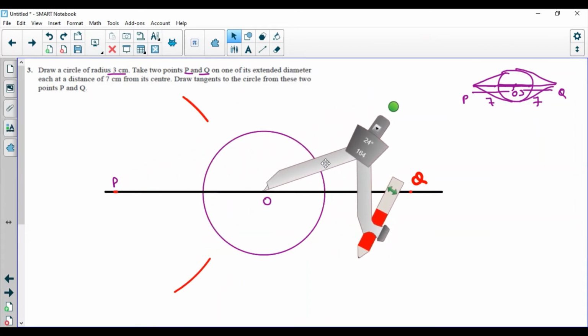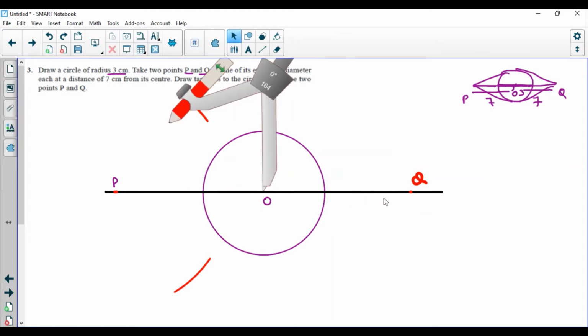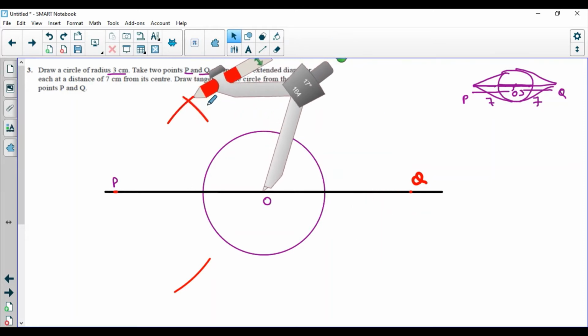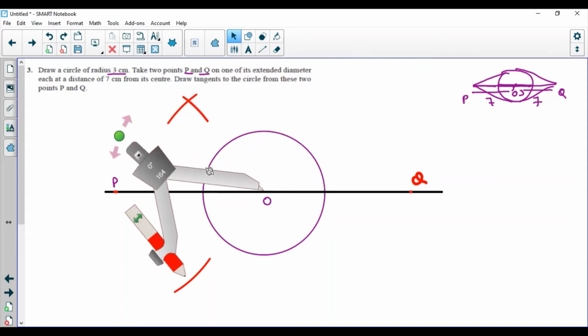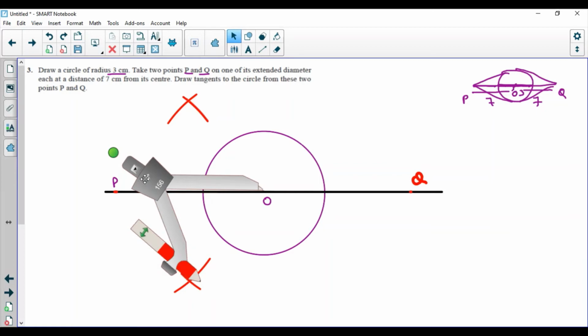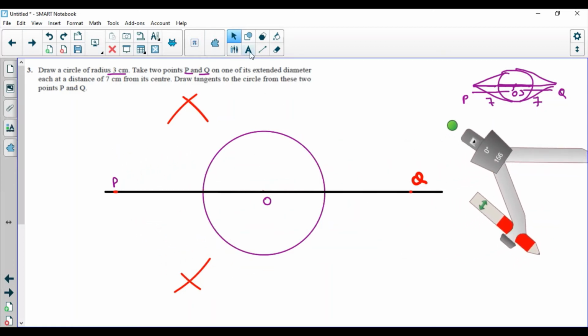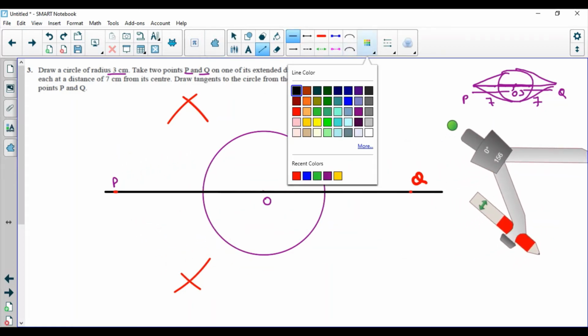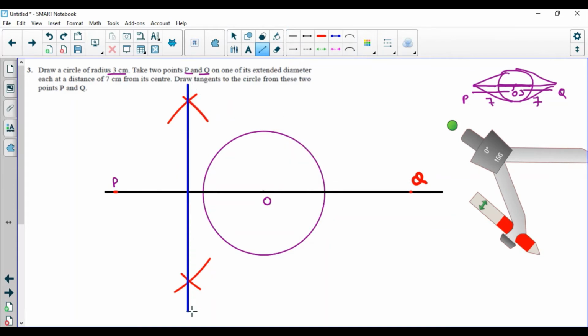Keeping the setting same, means radius same, we will cut those previously made arcs to get our perpendicular bisector. Okay, join them to get a perpendicular bisector. Let this bisector meet at point M.